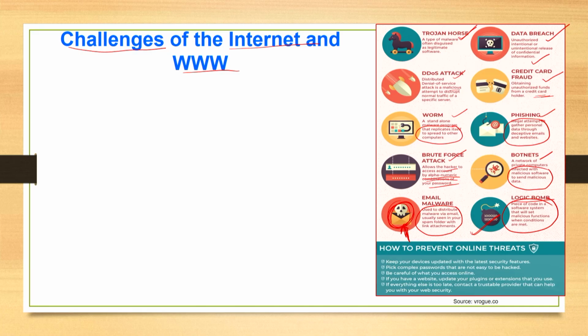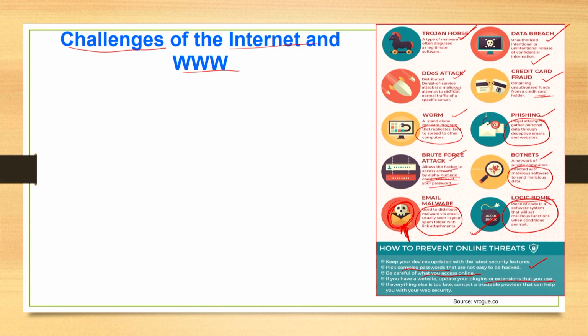So, the challenge is how to prevent these threats. In the case of a password, we often suggest using a complex password that is not easy to crack, and you should be careful of what you access online.